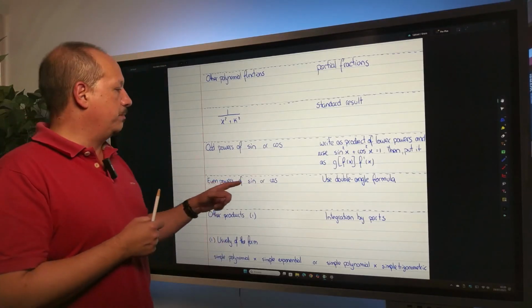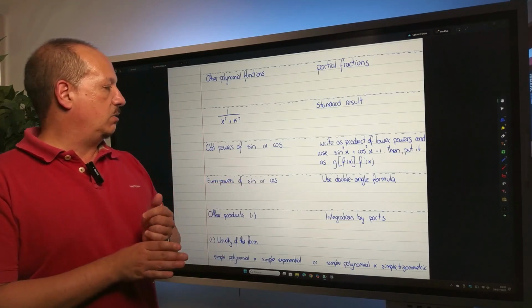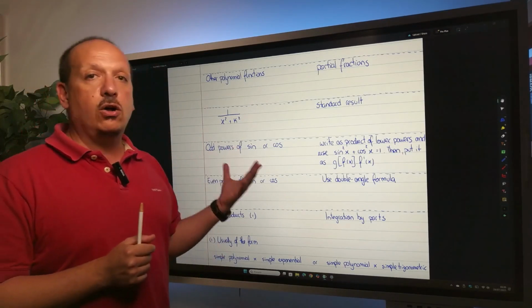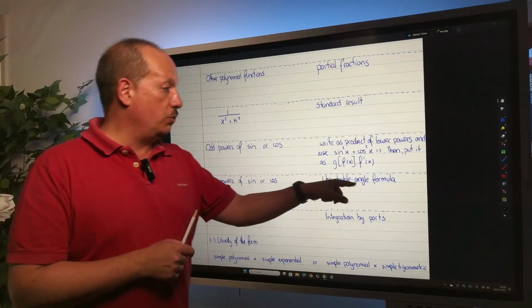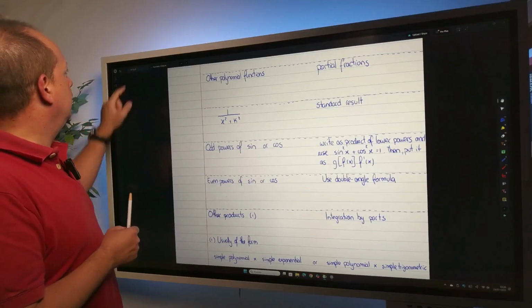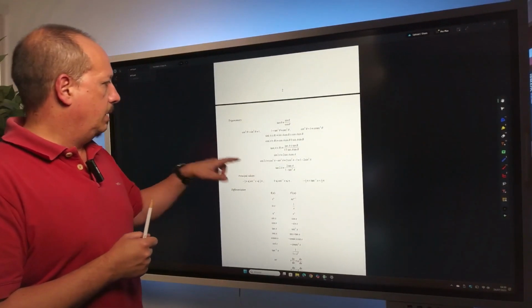What if you have even powers of sine or cosine? For example, sine squared or cosine squared of x. It will all depend on the situation, but you can also use a double angle formula. You may have forgotten this because it was taught quite a while ago, but here you have it.